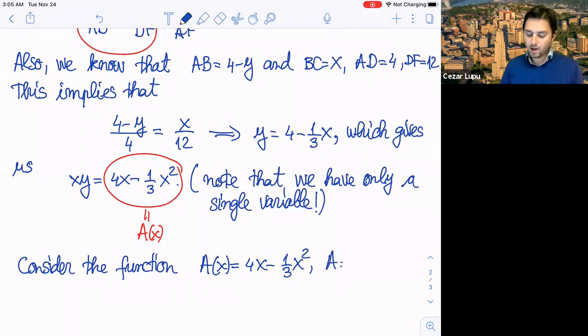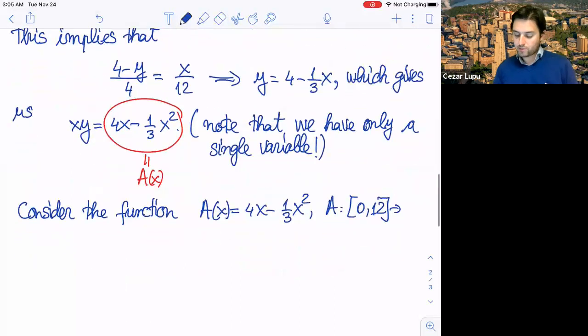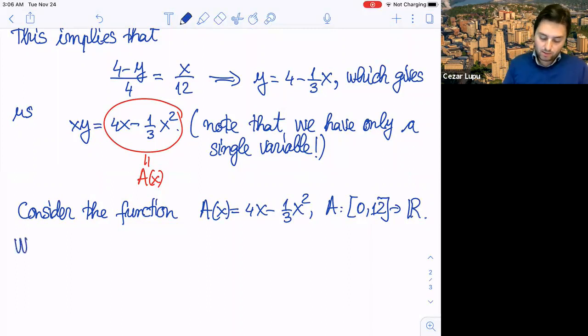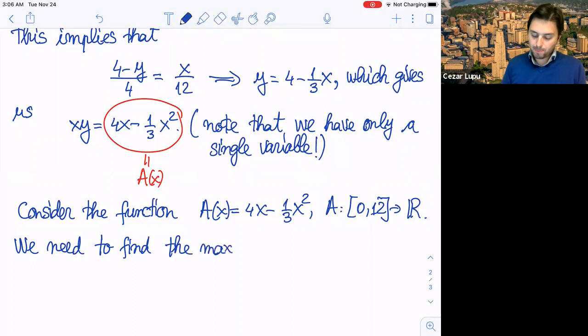Now let's see for which values x is defined. This is defined for all values of x between 0 and 12, so this is 0, 12, and real value function. All right, that's great. So that is the domain of A of x. And now what we need to find is the maximum area of the play zone.